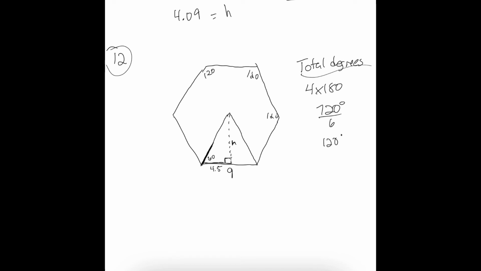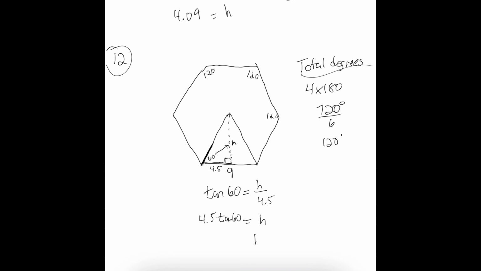All right, now we can do trig to find the height. So the height of my triangle, we're going to do tan 60 equals my opposite over adjacent, so height over 4.5. So my height is 4.5 times tan 60. So let's do that in the calculator. 4.5 times tan 60.